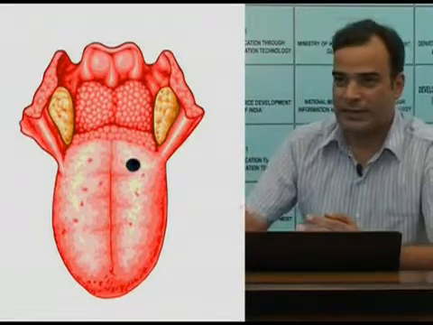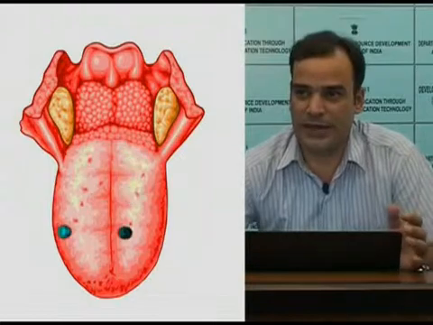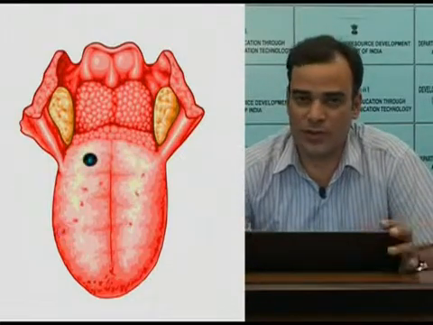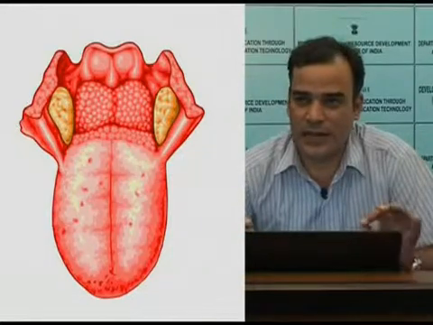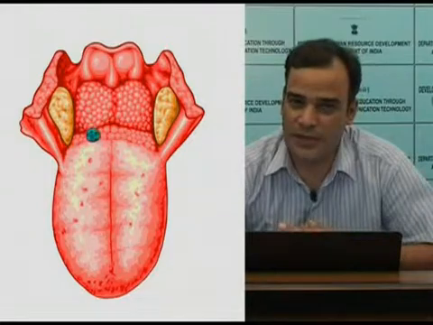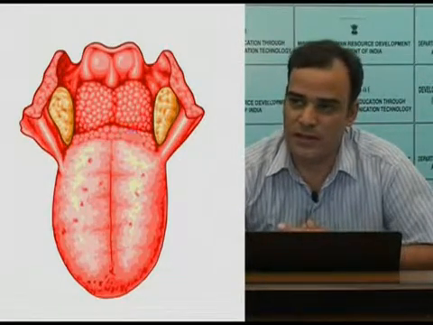Also, you can see the papillae, which give the tongue a characteristic rough and velvety appearance. On the posterior, you can see the large papillae, which are arranged in an inverted V shape and are about 8 to 12 in number, called circumvallate papillae.